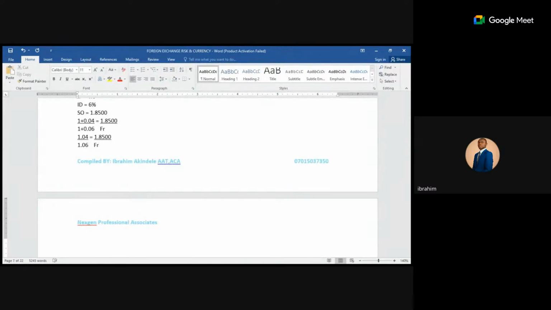We can have 1.04 FR equals to 1.8500 times 1.06. Right?